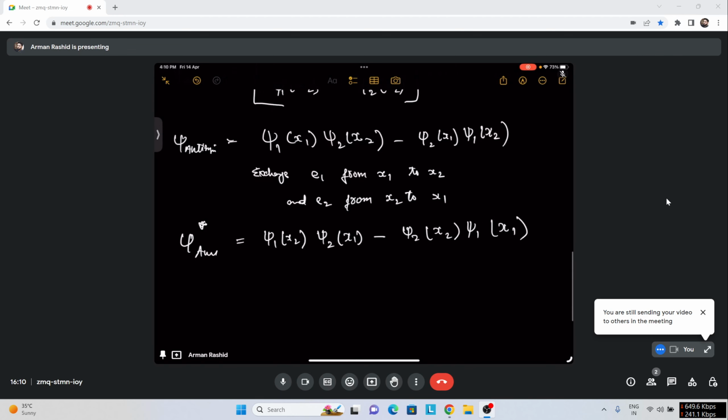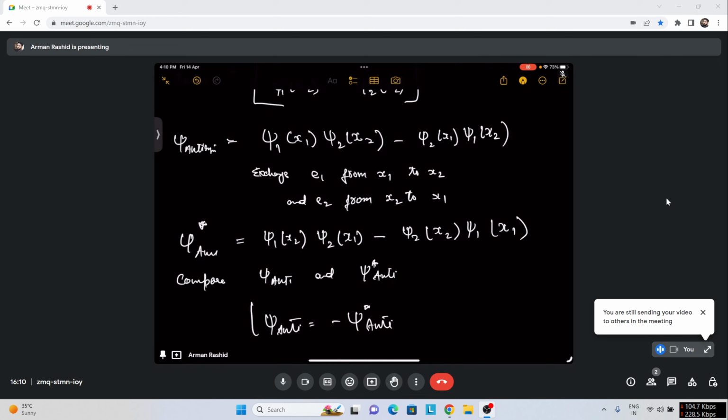Now if we compare psi of nt and psi star of nt, what we get is that psi of nt is equivalent to negative of psi star of nt.